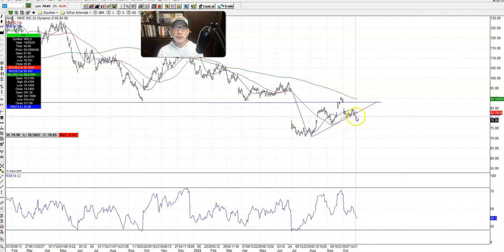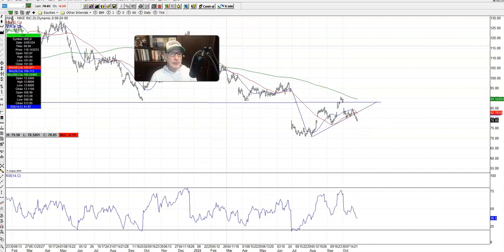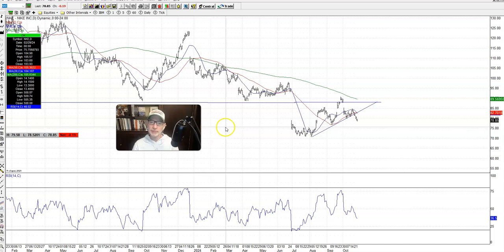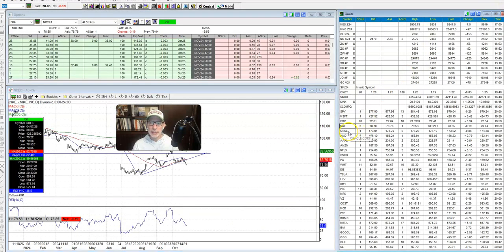We'll have to reassess here, see if this is going to continue down or if it's going to catch a bid and start to move up again. So sometimes you take positions, and as I said, not everything's going to work out. So we have to keep a look on that. Nike, still not sure if it's ready to make a turn higher for the long run yet. So that's the assessment on Nike.